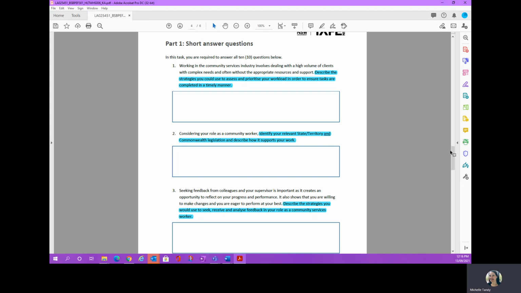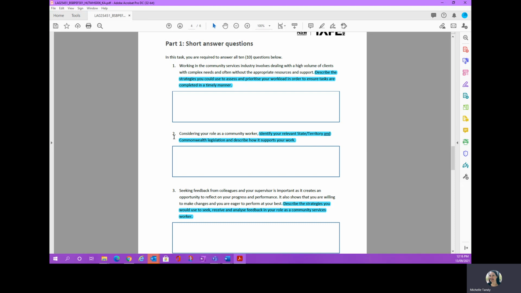So think about the types of tools that you might use, the information you might need to assess and prioritise your workload, people that you might consult with to determine this, and put that in your answer. We want you to describe, so this should be more than just a dot point list. It should be, you know, a paragraph or two describing the strategies. We want you to explain what they are.